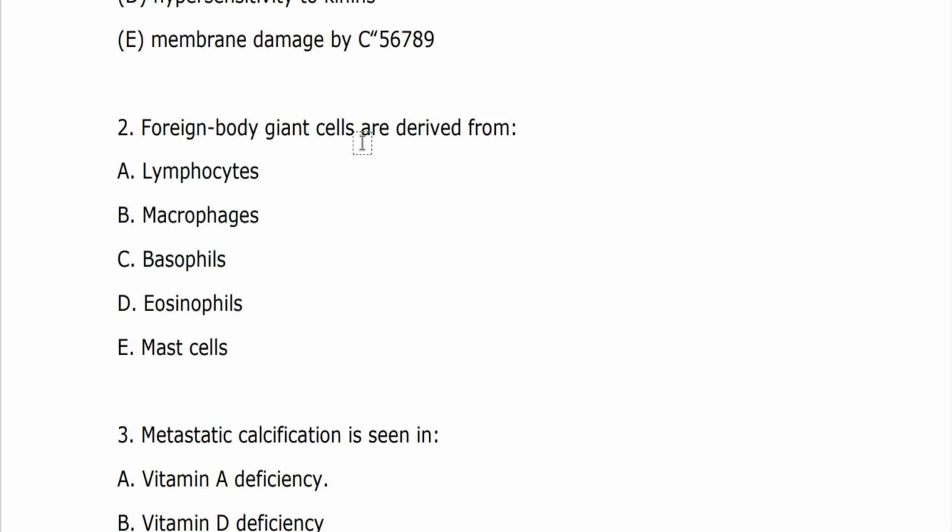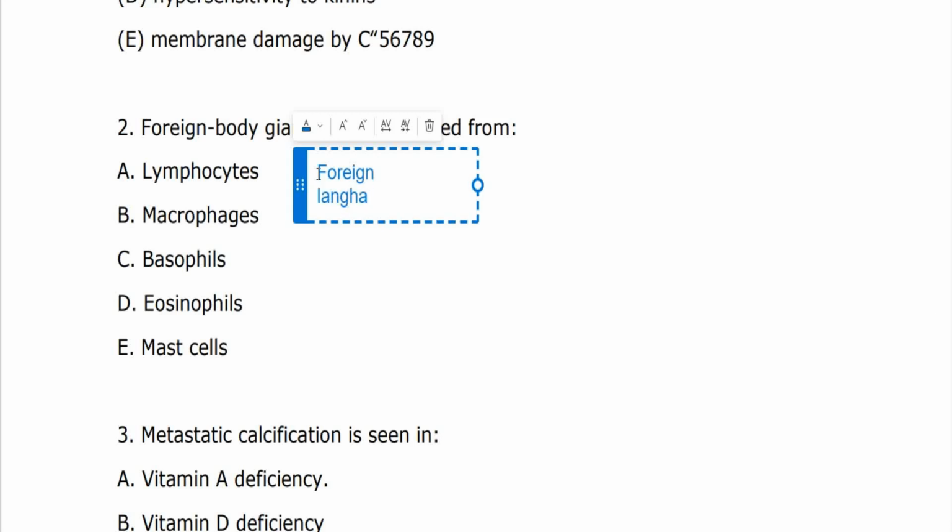This is me classifying the pathological giant cells: foreign body, Langhans, Touton, and you can put in a Reed-Sternberg giant cell. Now, these are all types of giant cells.